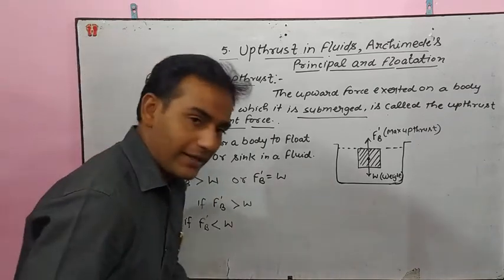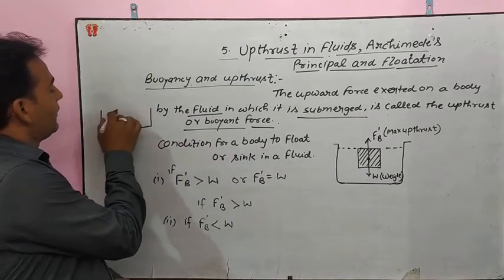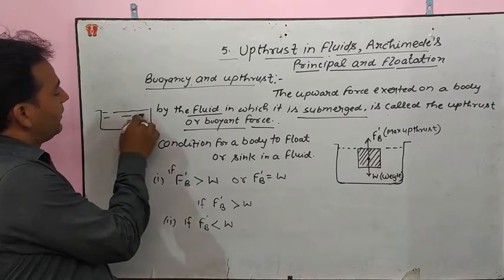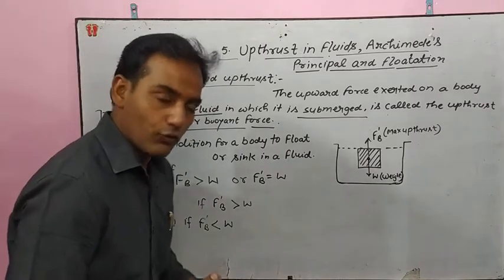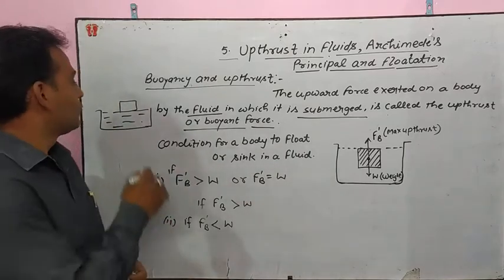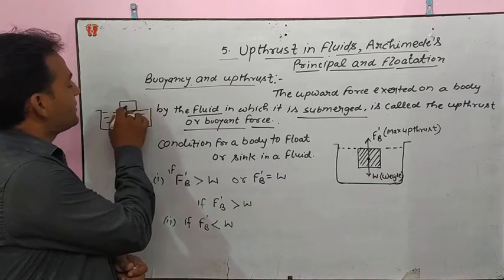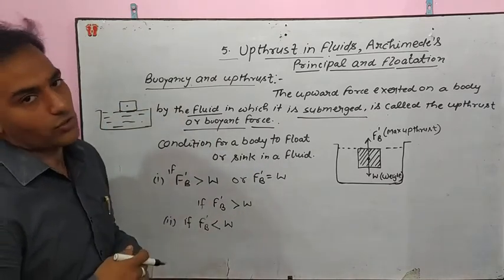is called the upthrust or buoyant force. If simply we have water in any container and any object is there on top, any block of wood or any thermocol or any other thing which is very light, you have seen that the object is up on the water, it is floating. Why is it floating? Why is it not going down?